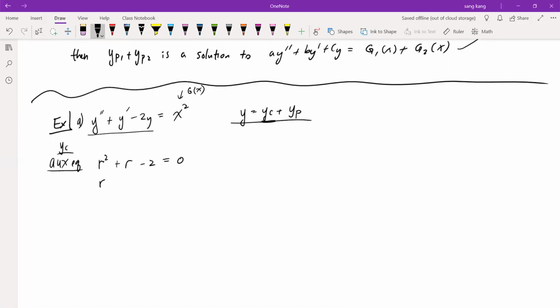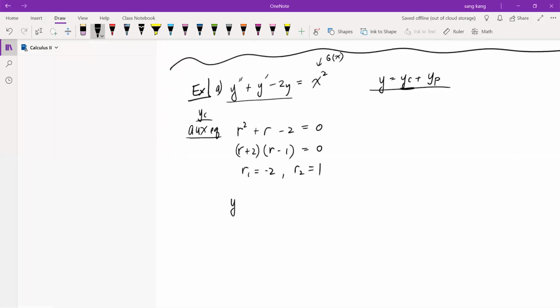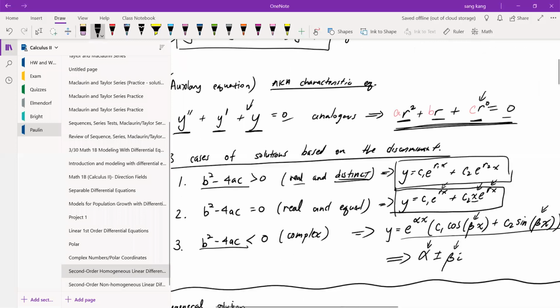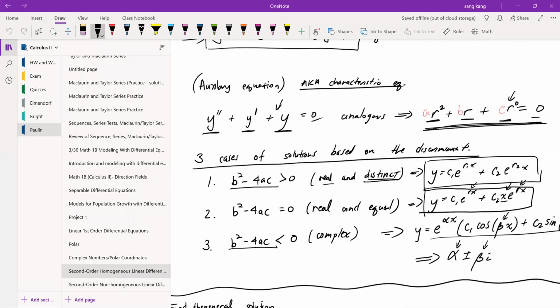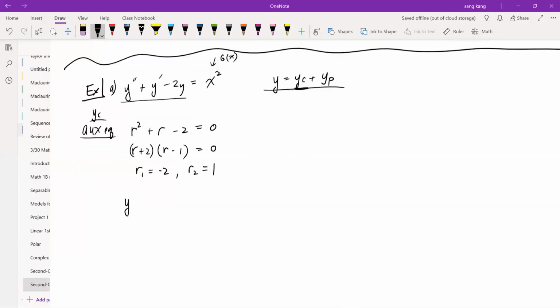We're essentially finding our roots, so this can be broken down like this. Our r1 will equal -2, r2 is equal to 1. So this was case 1, if you remember back. Real and distinct, you have two different roots.